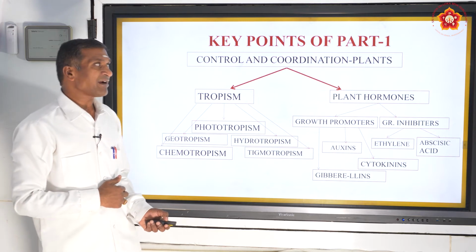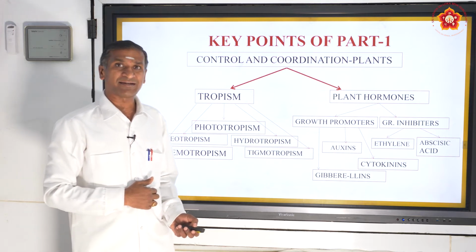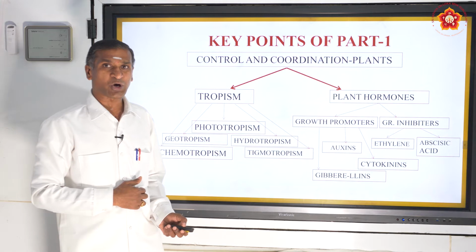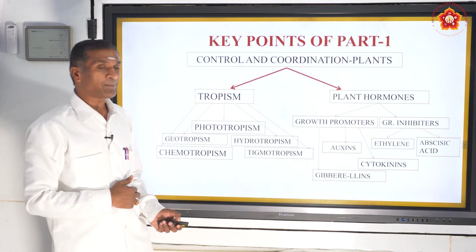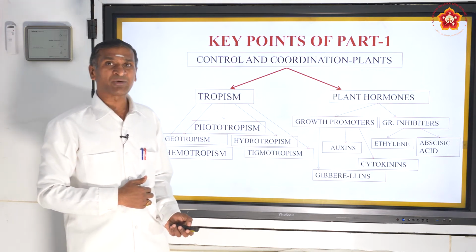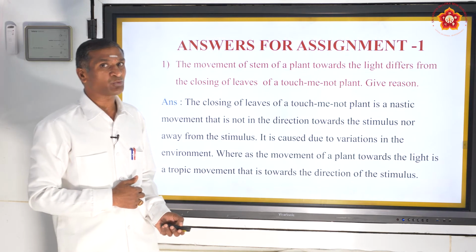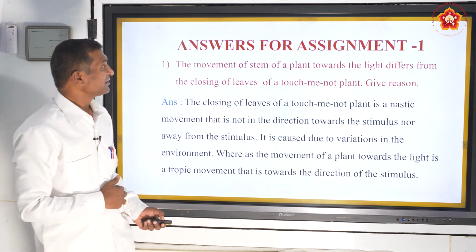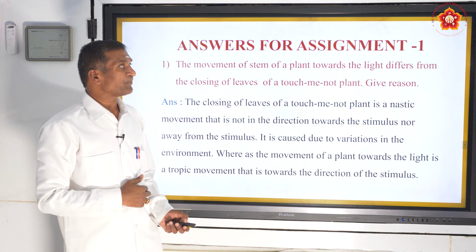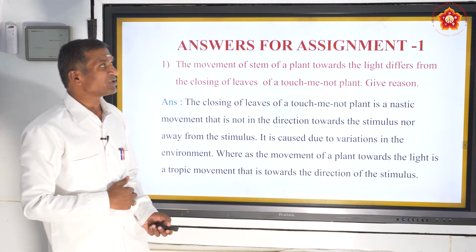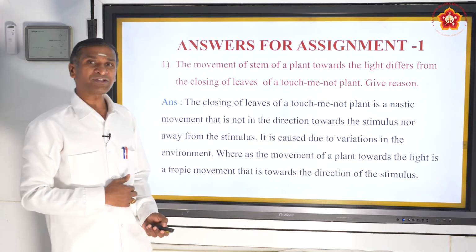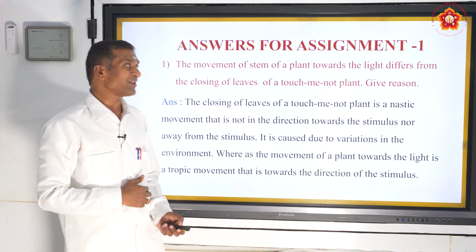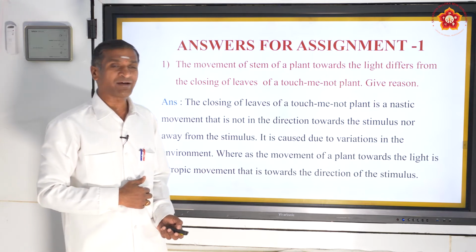After recapping our previous class on control and coordination in plants, let us check our assignment 1 answers. The movement of the stem of a plant towards light differs from the closing of leaves of a touch-me-not plant.